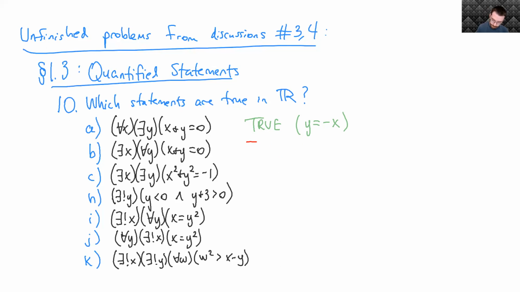Actually, if it's false, its negation must be true. So let's see what its negation looks like. Maybe I'll put a little negation symbol out front: the negation of there exists x such that for all y, x plus y equals 0.